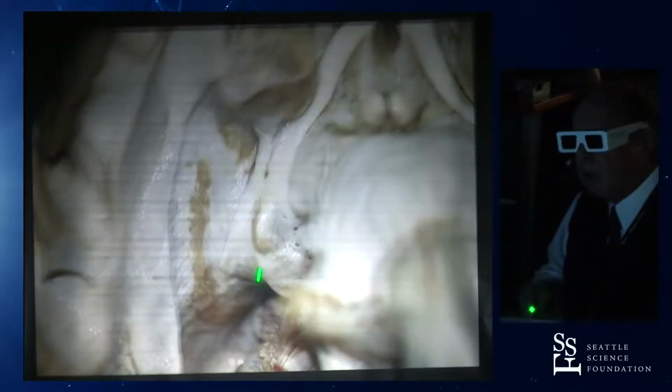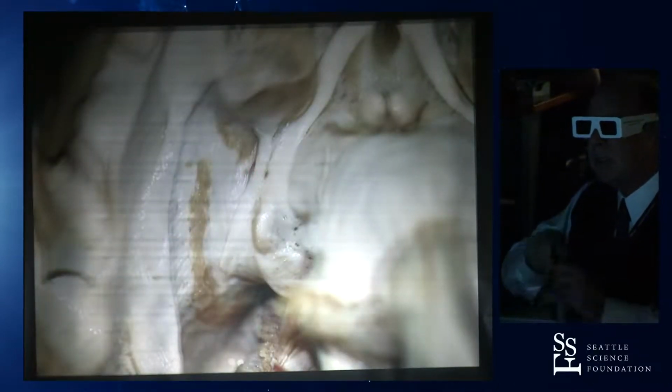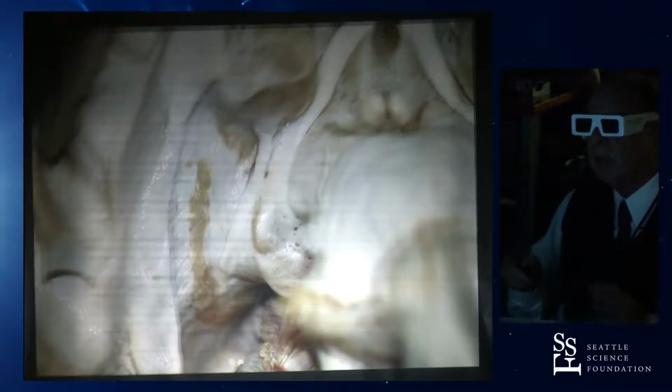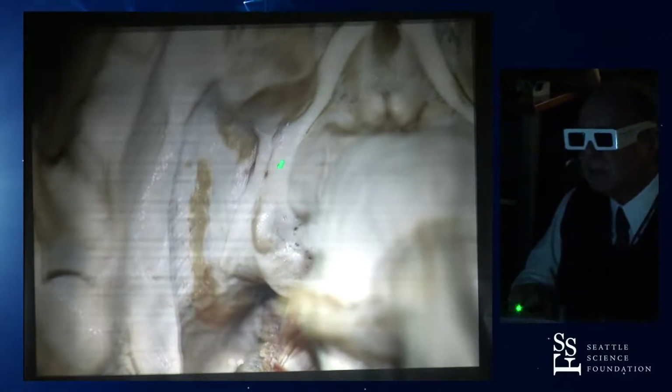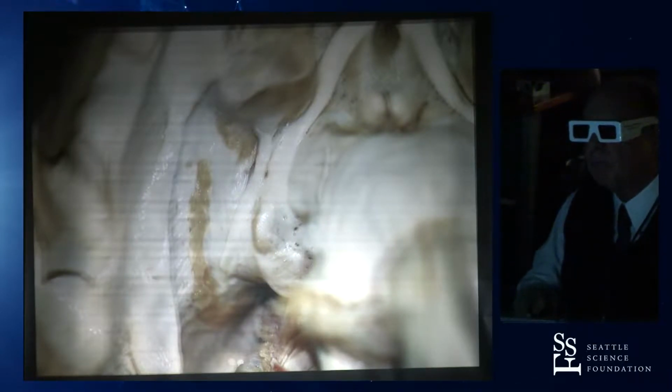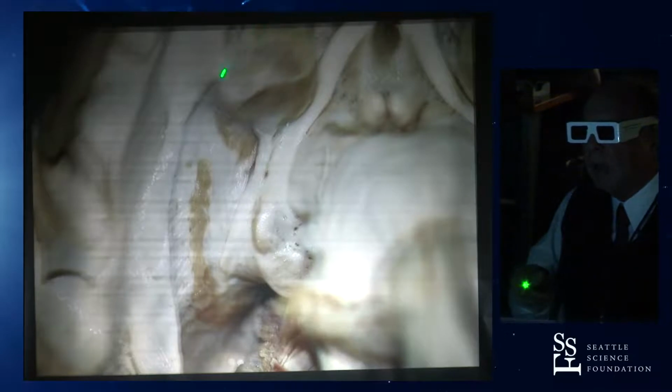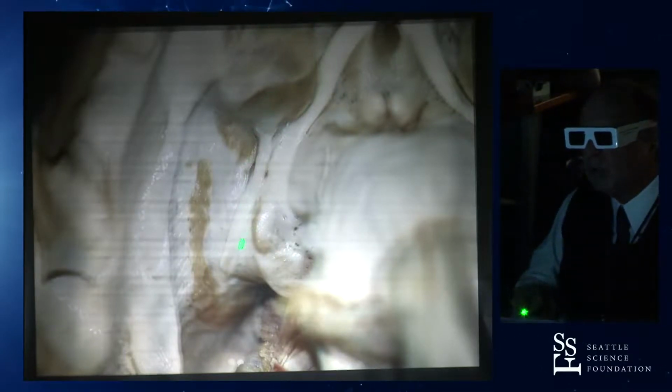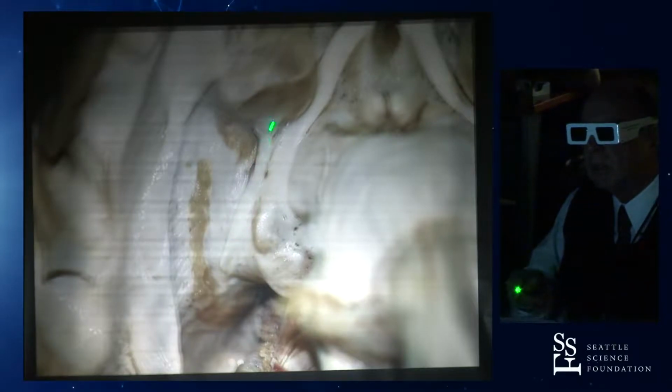If I remove the optic radiation, let's see where we are again. Optic tract, lateral geniculate body, roof of the inferior horn. Let me tell you that this is amygdala. What is this dorsal extension of the amygdala? What is this?